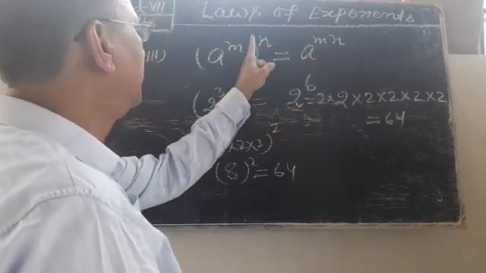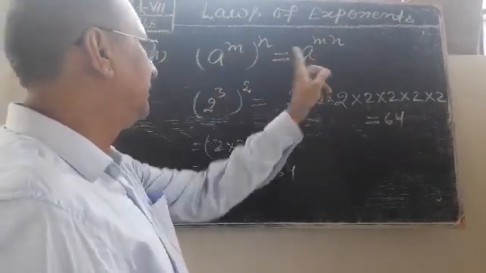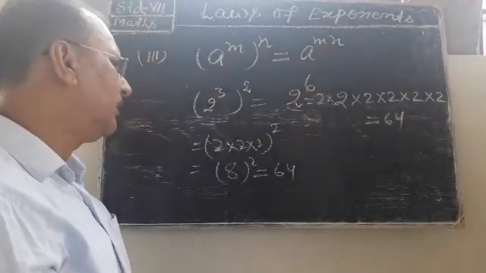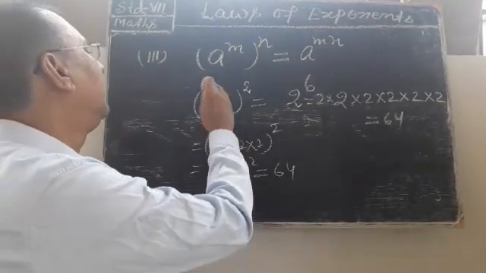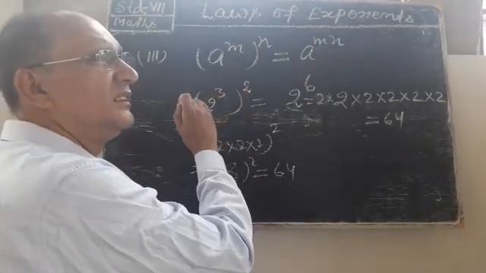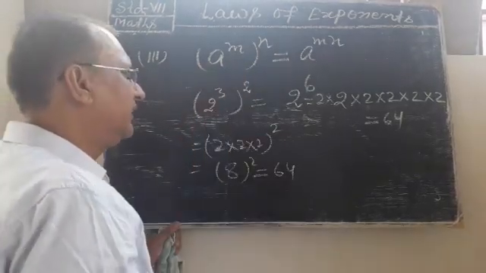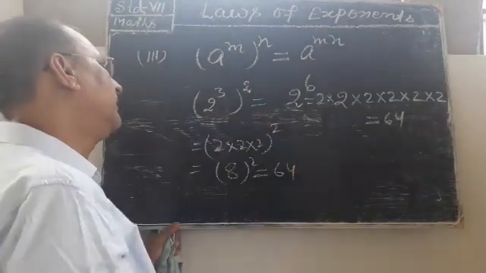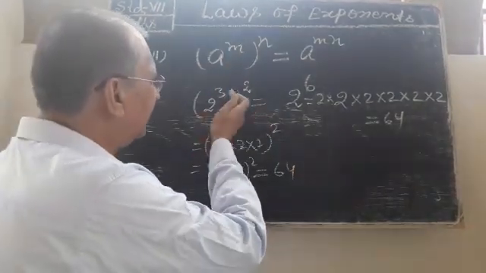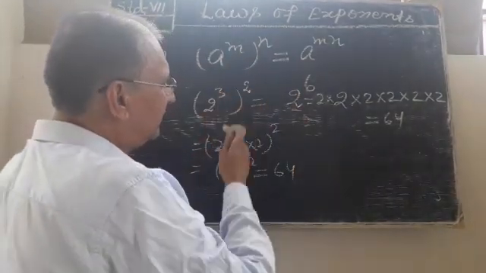So a power m whole power n is equal to a power m into n, and in this way we come to the conclusion that if we are solving, we take the power inside the bracket and then make its square or whatever power is given, or we multiply the power to power, and both are the same.